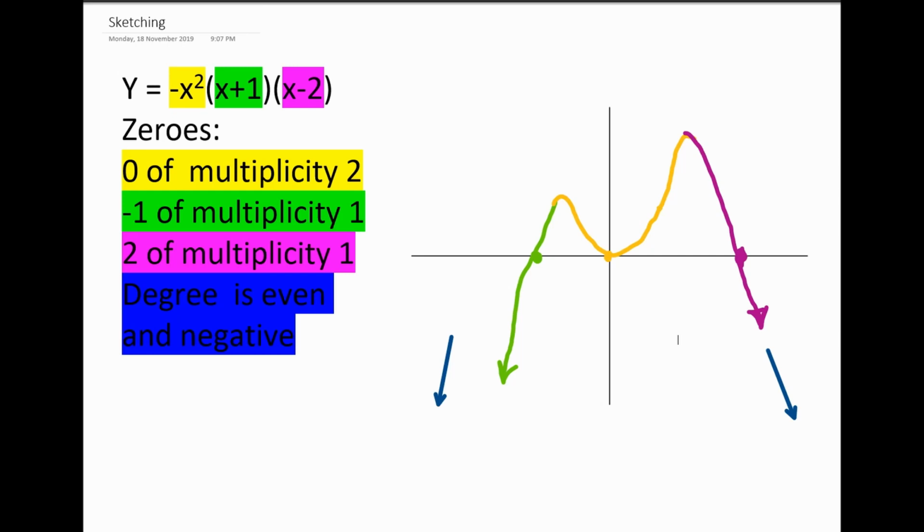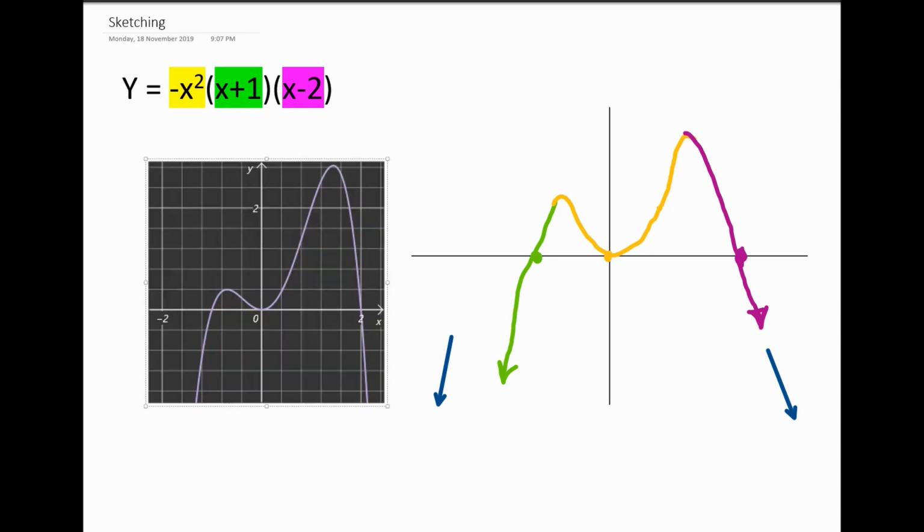If we check the real graph of negative x squared times x plus 1 times x minus 2, it will look something like this. So the sketch is the same as the real graph of this equation.